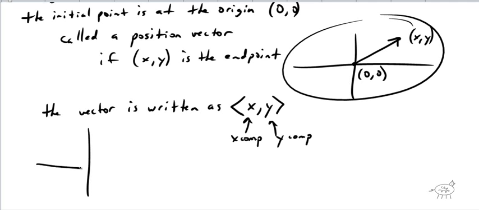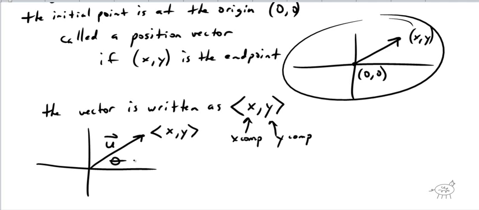So this vector would be x comma y, and I would know it starts at 0, 0. This is our vector u, and this is our angle theta.